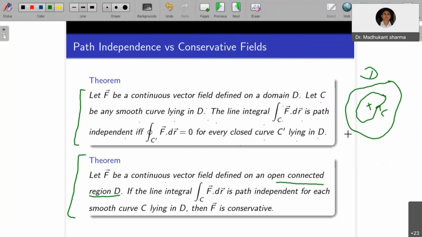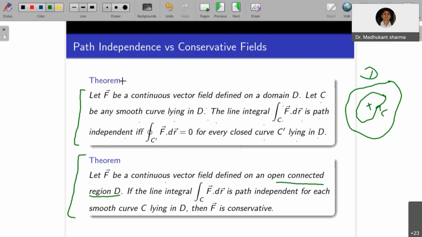This means there should not be any hole inside it. It's like you have a paper; if you cut a circle or a disc from there, that is not simply connected.